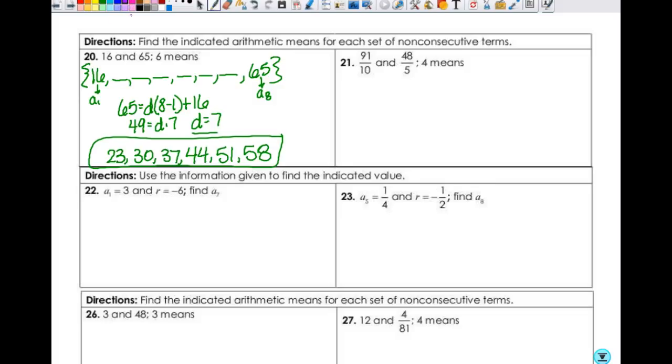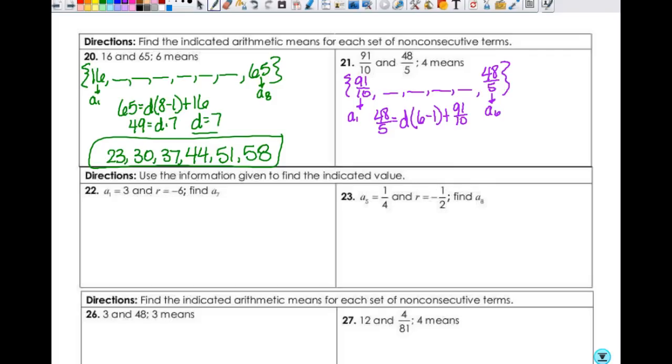All right, so number 21. I need 4 means in here. So I have 91 over 10, and then 1, 2, 3, 4, and then 48 over 5. So I'm using this as A1, 2, 3, 4, 5, A6. I need the common difference again. So 48 over 5 is equal to the common difference times 6 minus 1 plus 91 over 10.